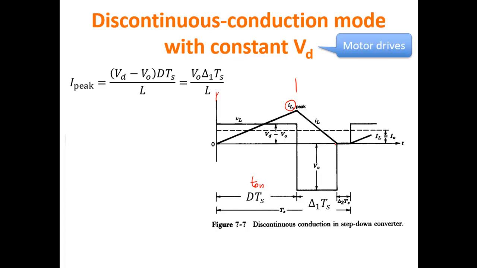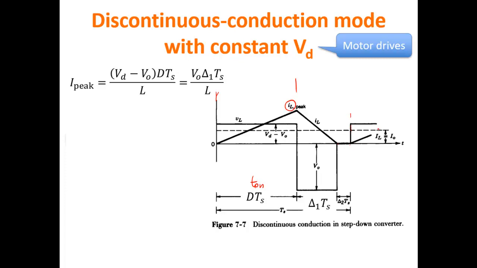Now here, the current would try to go negative, but in practice it's not happening because the diode is switching off. And therefore the current goes to 0, because the switch is off and also the diode is off. And then the current remains 0 until the switch is turned on again after one period, and therefore the current can come from the switch.